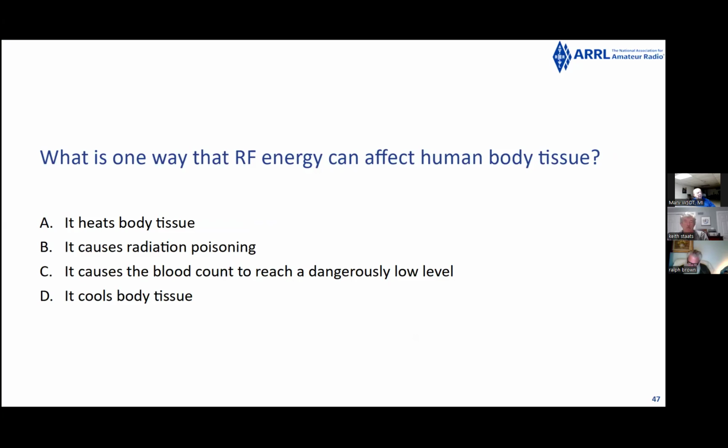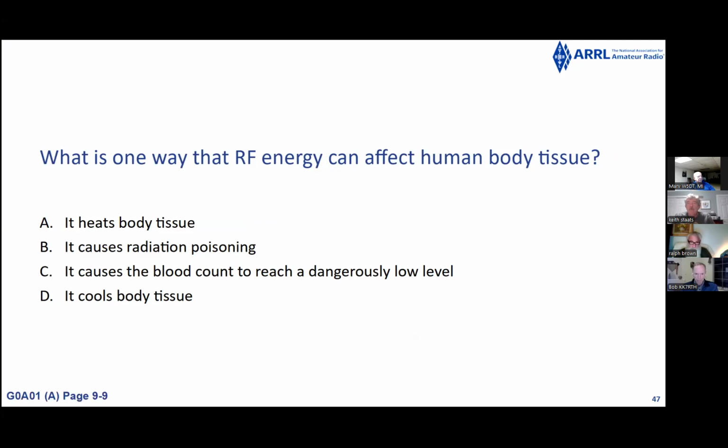What is one way that RF energy can affect human body tissue? It heats body tissue, it causes radiation poisoning, it causes the blood count to reach a dangerously low level, it cools body tissue. A, heats body tissue.